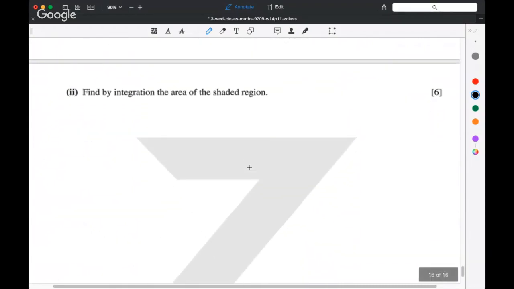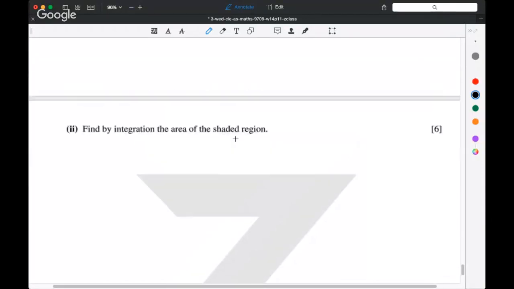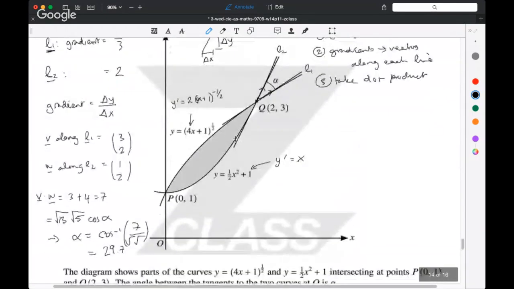Okay, this one is much easier, even though it's also worth 6 marks. It's one of these ones where you integrate to find the area under a curve, and it's really not that hard once you get the hang of it. So once you've done some practice, I'm going to think about the area under the curve.